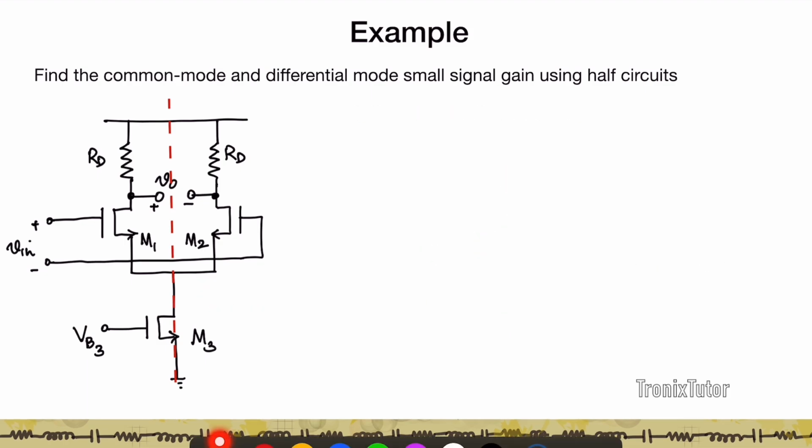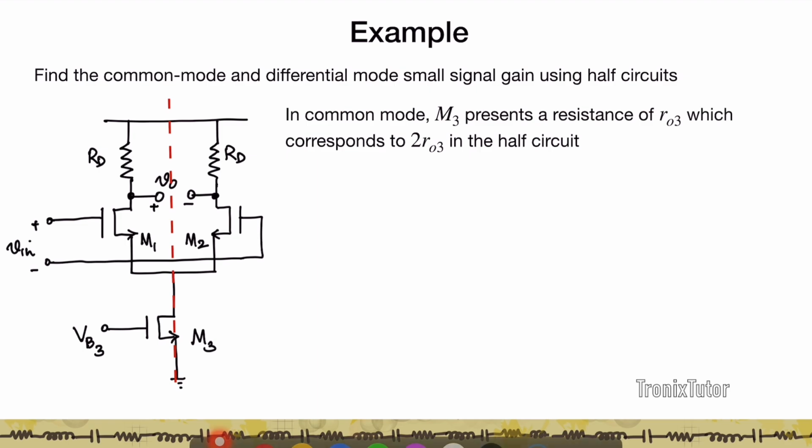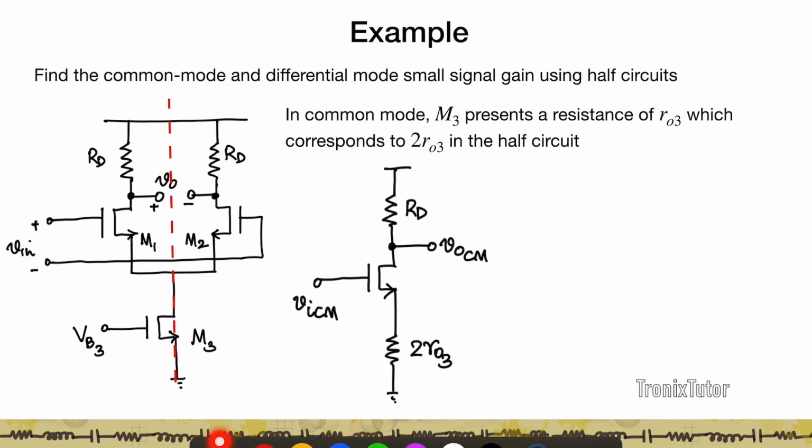So when you think about the common mode gain of the circuit and look at the half circuit, this M3, by design, would present a resistance RO3, right, from this node to ground. Now, because I'm going to construct half a circuit, I'm going to construct this as two resistors, two RO3 and two RO3 connected in parallel. So if I think about my common mode half circuit, it consists of an RD, it consists of an input common mode voltage and output common mode voltage.